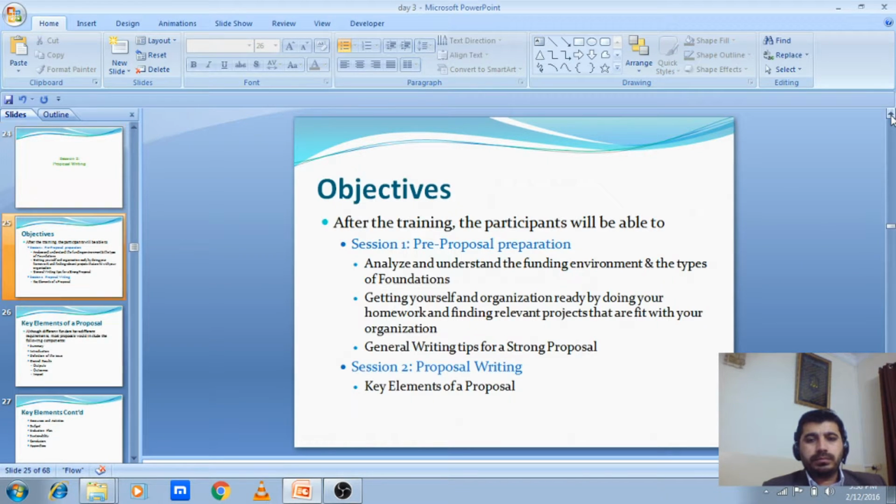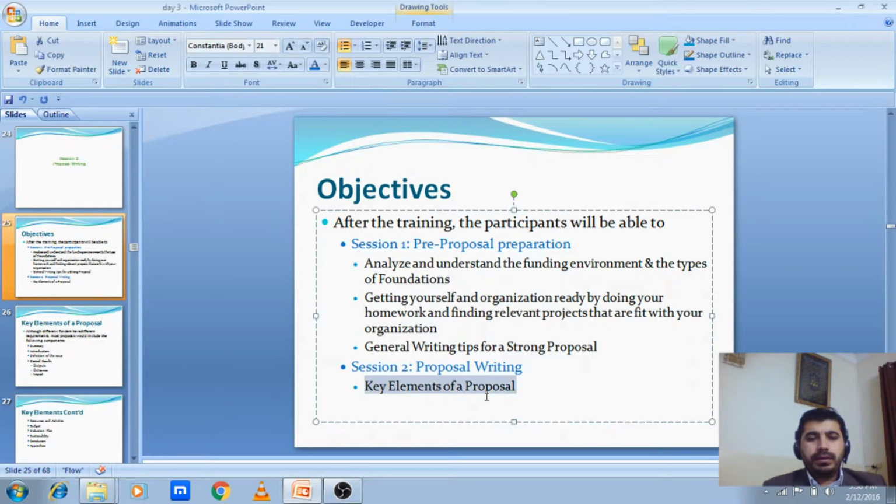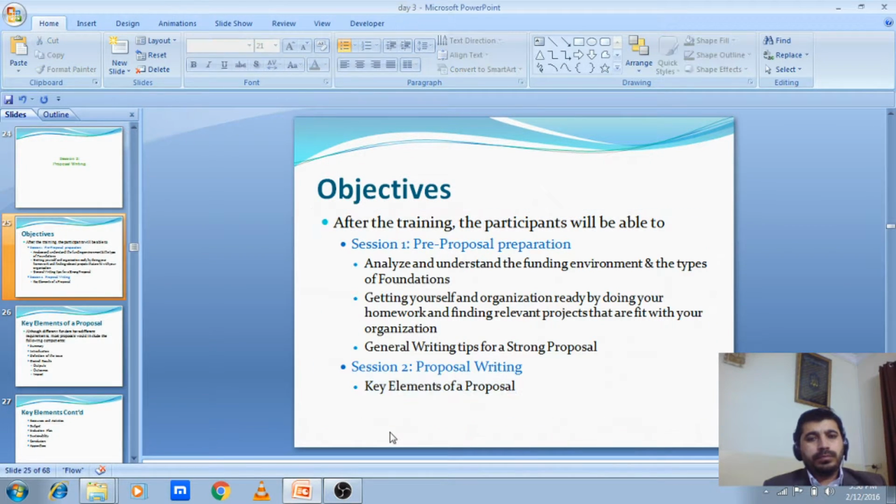So in this session, we'll be discussing the different key elements of a proposal. What are the key elements that should be there in a proposal? These elements are very common, and they are standards in different grant proposals.